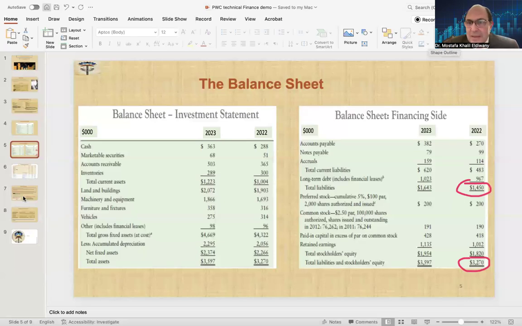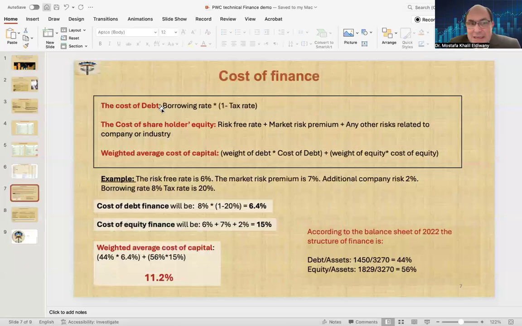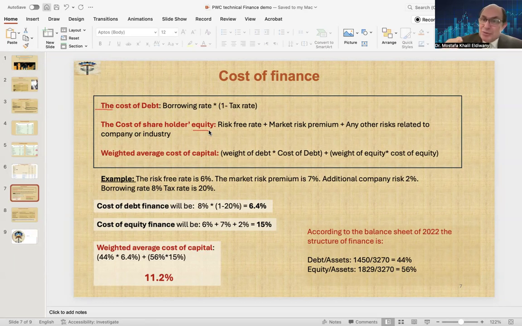Now, the financing you are going to use will be either from debt or from equity. The cost of debt finance, of using loans in financing your assets to buy machines and the like, is the interest you are paying, the borrowing rate, times 1 minus the tax rate, as you benefit from paying interest by reducing your taxable income.